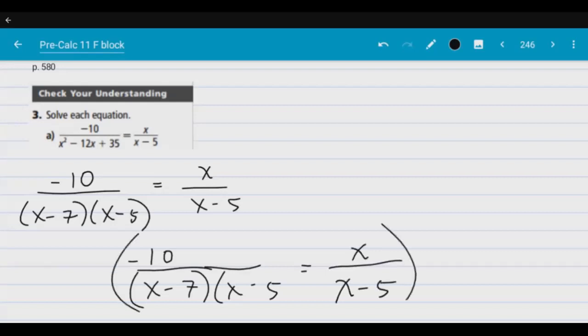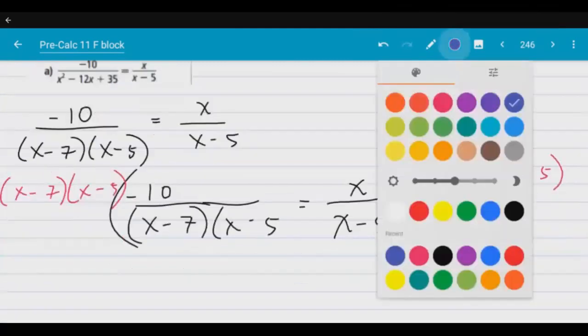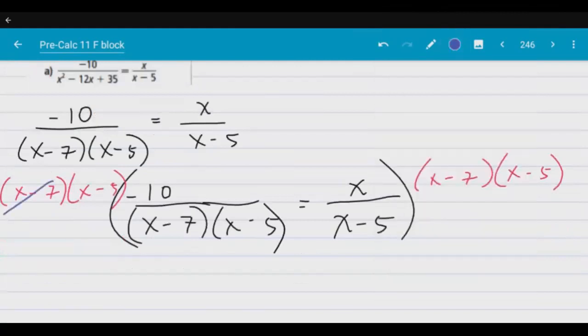So I will multiply both sides by this one, x minus 7, x minus 5, x minus 7, x minus 5. And we can begin to cancel out. Since this and this are the same, this and this are the same, that just gives you negative 10 here.